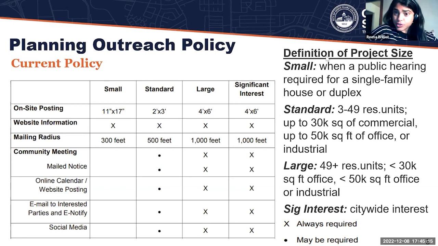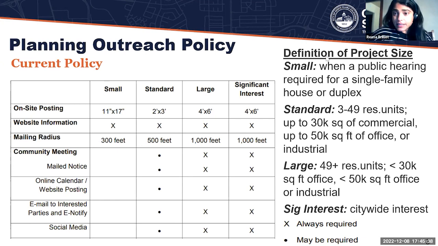Then there are emails through something called e-notify, and I'll take a moment to explain what that is. If you go to the city's website and you're interested in signing up for various things, you can decide that you get communications whenever anything is applicable. That could be a community meeting or a public hearing on those items.